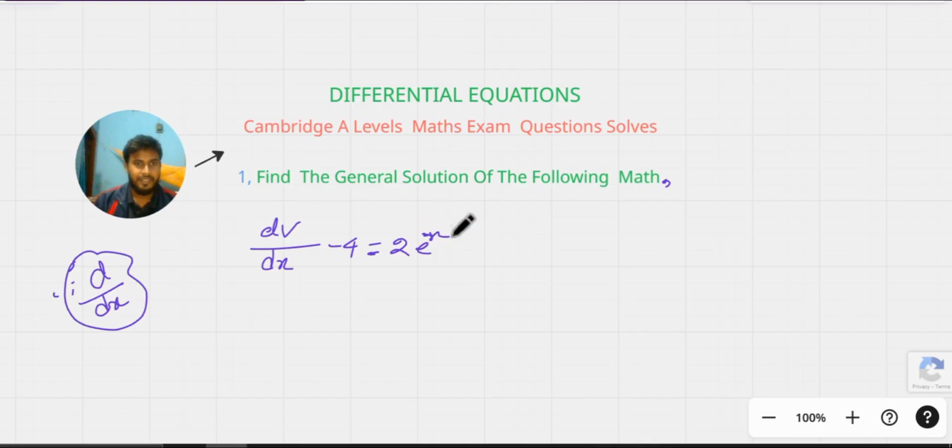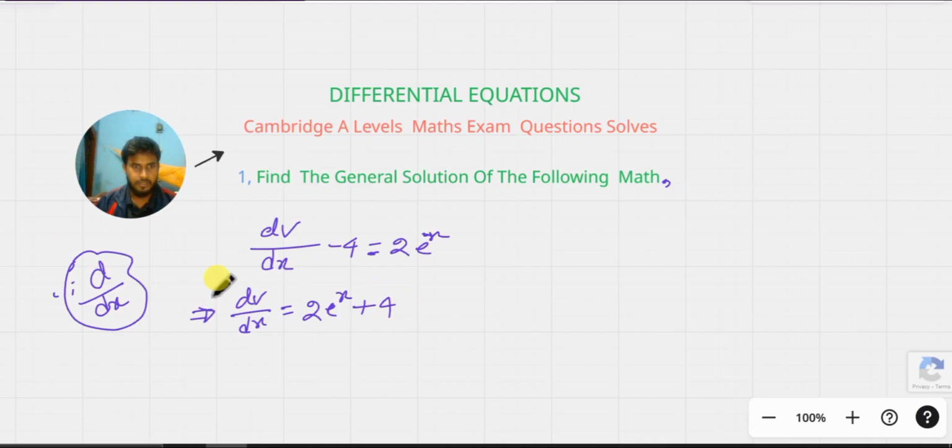So our next question is dv/dx minus 4 equals 2 times e^x. Before solving this, we have to rearrange this function. We will write dv/dx on the left side, and on the right side we will write 2e^x plus 4.